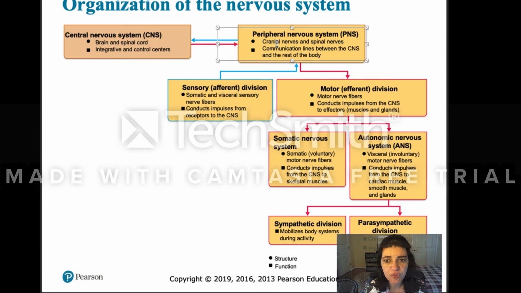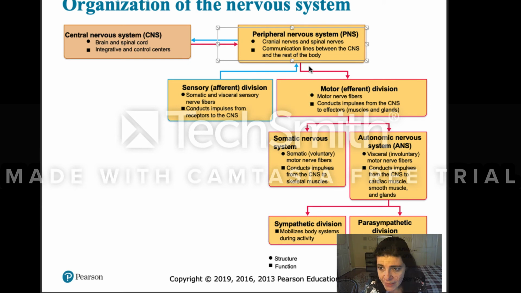So another concept here. Anything that you see as blue is sensory information, related to some sensation. Anything that you see in red here is related to motor information, some type of action, some type of movement that is involved in this, right? It could be a voluntary movement or an involuntary movement, but it's some type of movement, okay?